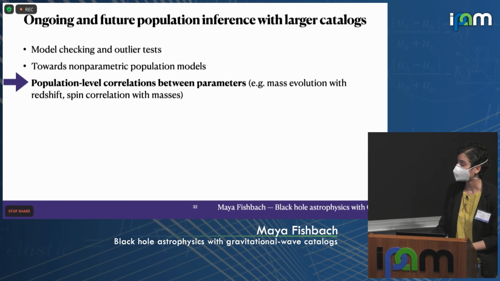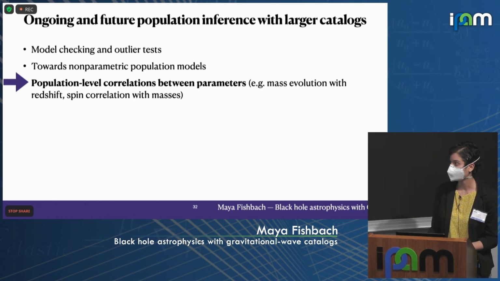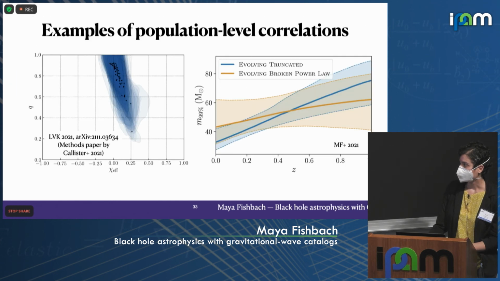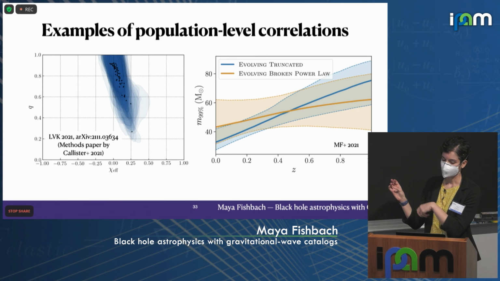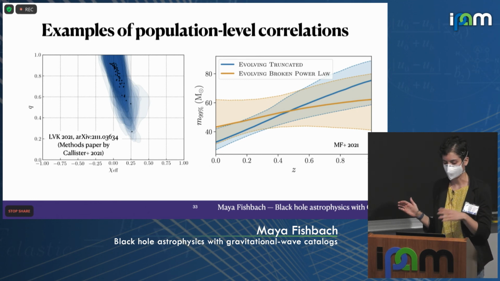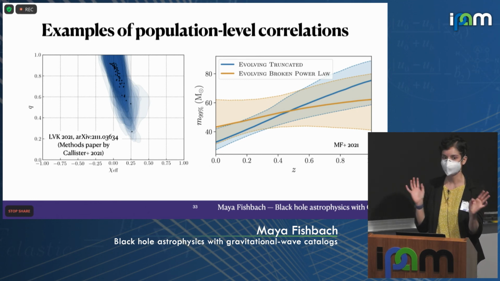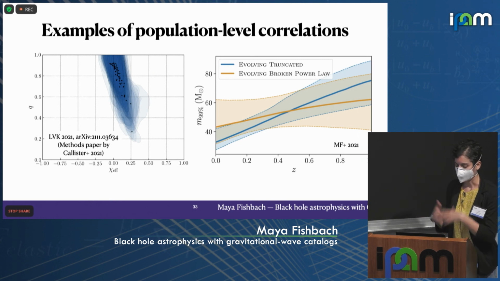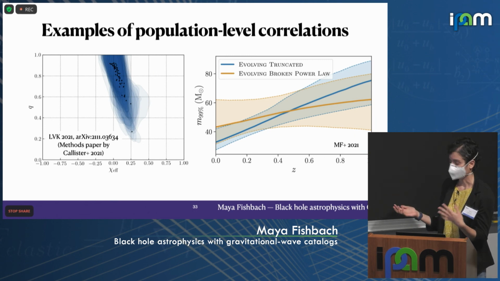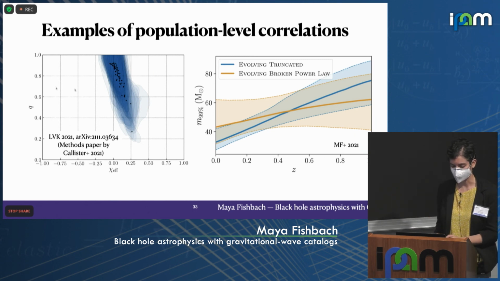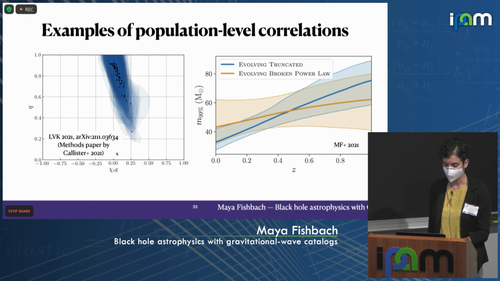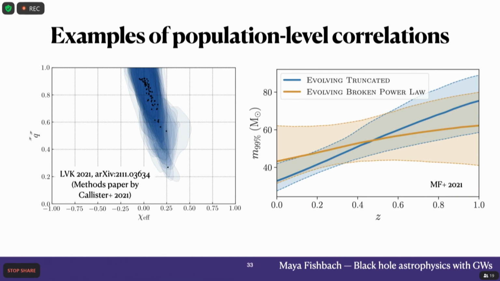The last thing that we're starting to do is look for correlations between parameters on a population level. So most of the plots that I showed earlier were just fitting the primary mass distribution and then fitting the spin distribution as independent distributions. But you might wonder, does the spin distribution vary with mass? This is an instance of the chi-effective, the effective inspiral spin distribution, versus the mass ratio.